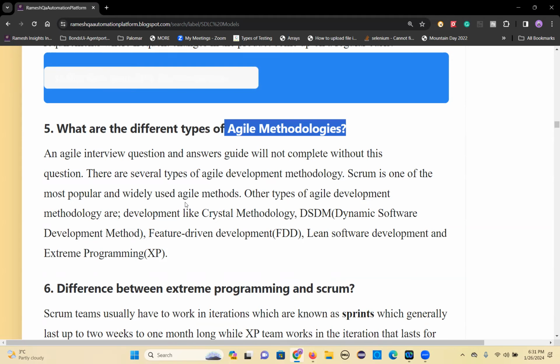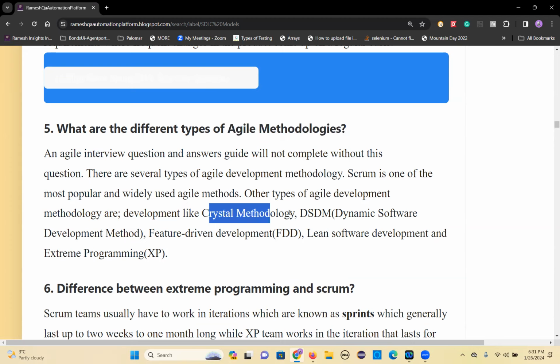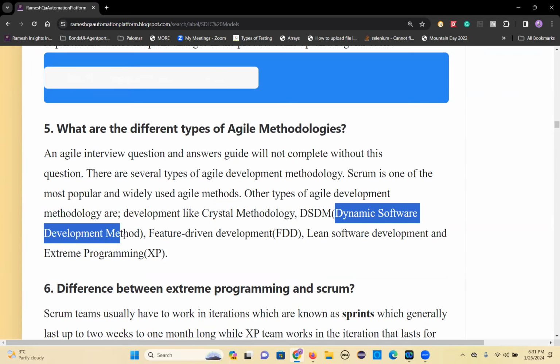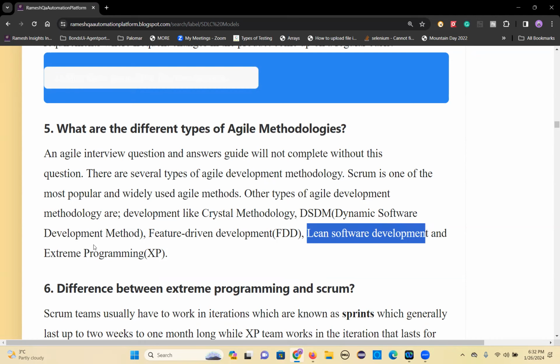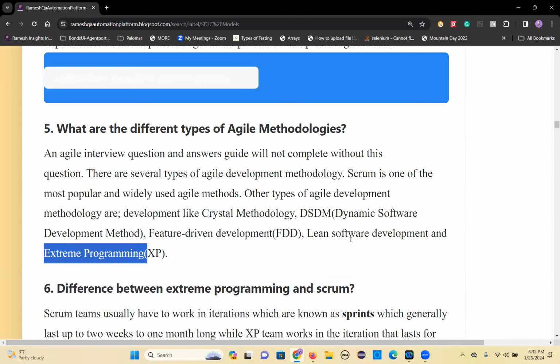That's the only one we learned. There are other Agile methodologies. One is Crystal methodology, dynamic software development methodology, feature-driven development methodology, lean software development methodology, and extreme programming methodology.